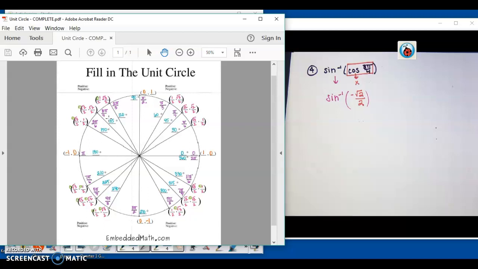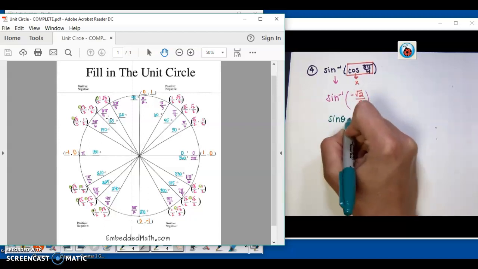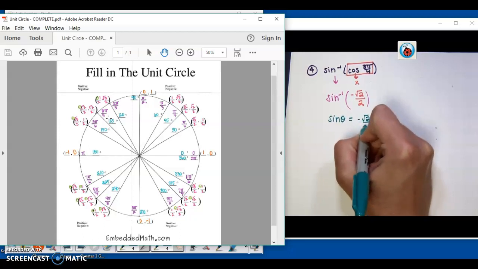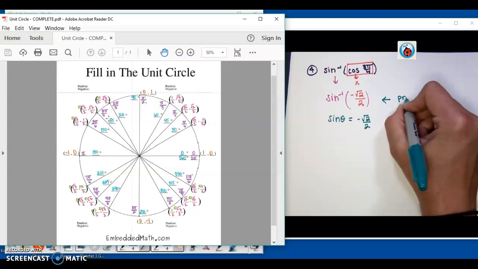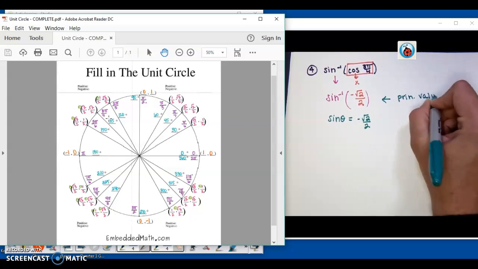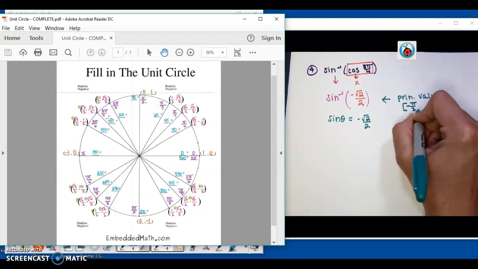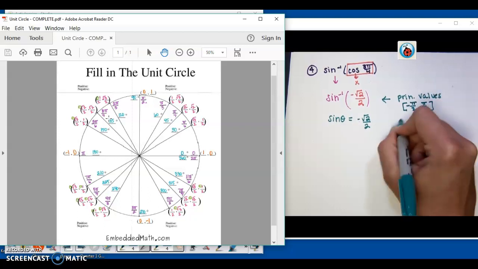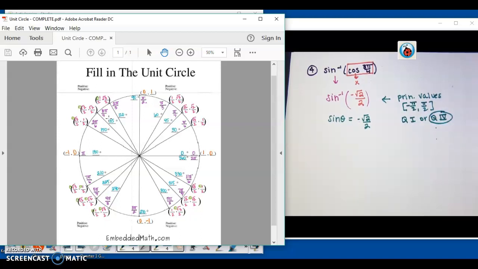Okay, this is an inverse trig function, so we're going to rewrite it as sine theta equals negative square root of 2 over 2. We do have to worry about our principal values because we're working with inverse. So for arc sine, it's negative pi over 2 to pi over 2. Looking at quadrant 1 or quadrant 4, if it's in quadrant 4, we have to fix it.